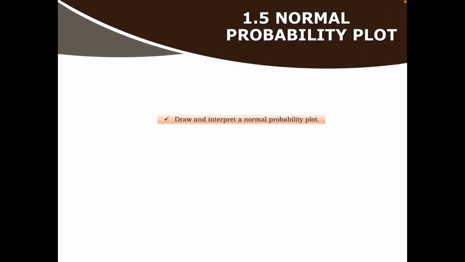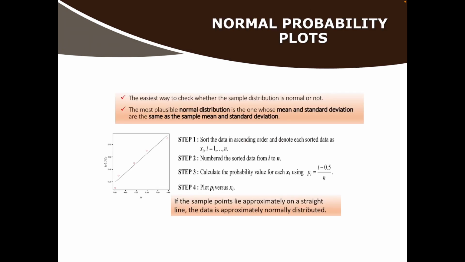Okay, the last subtopic in chapter 1 is 1.5 normal probability plot. In the normal probability plot, we will draw and interpret it. The normal probability plot is the easiest way to check whether the sample is normal or not.